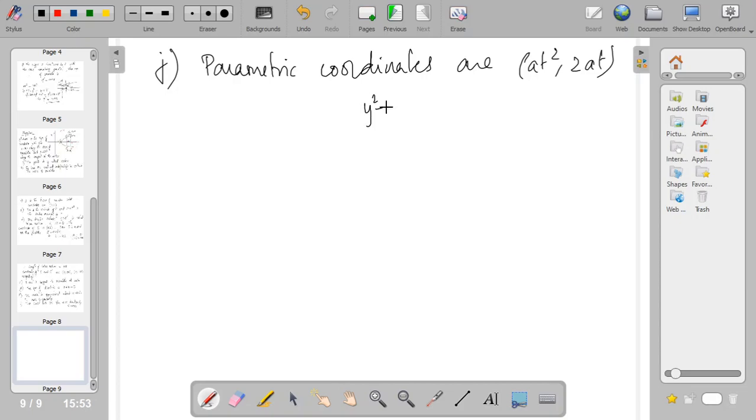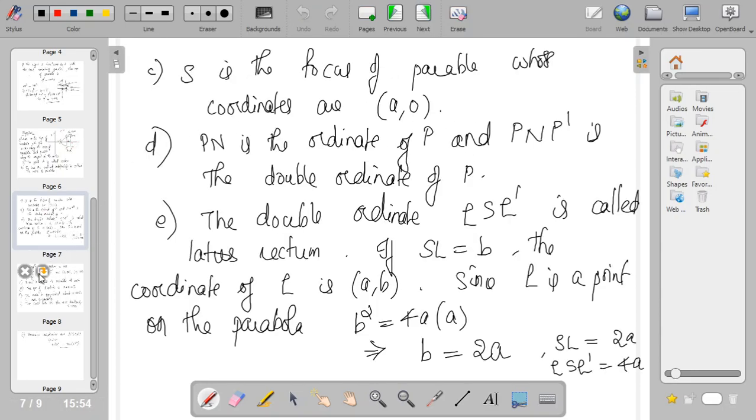So if you take y square equal to 4ax, and substitute y, that will give 4a square t square, which is equal to 4a times at square. So this gives the parametric coordinates of the given parabola. So these are a few properties of the parabola.